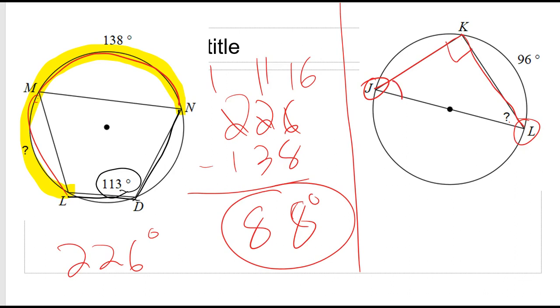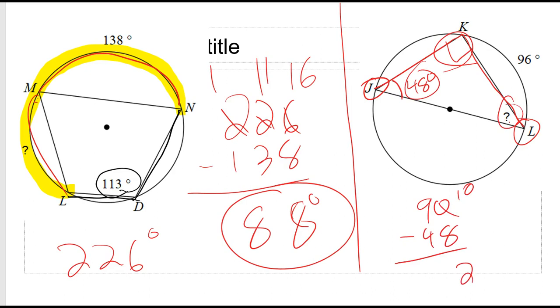Half of 96 is 48, sorry. That's what happens when you do stuff here. So that means you can do one of two things. You can add all three of these up and subtract from 180, or you take 90 minus 48. 52. I get the same answer. So that's how you apply different things. I did two different things. So that's how you do it.